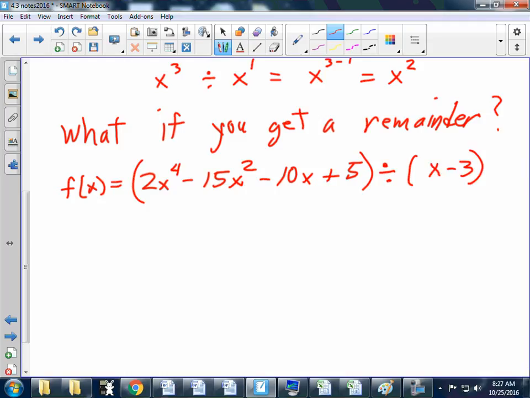Now, this is kind of interesting. Notice, and I did this on purpose, there's no x cubed term. And this is really important. This is a legitimate function, but there's no x cubed term.